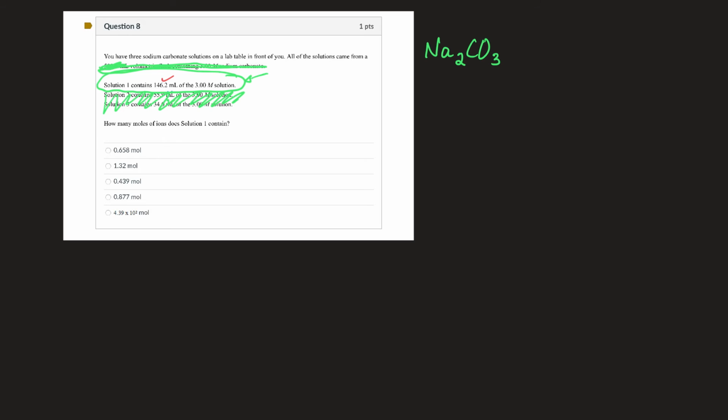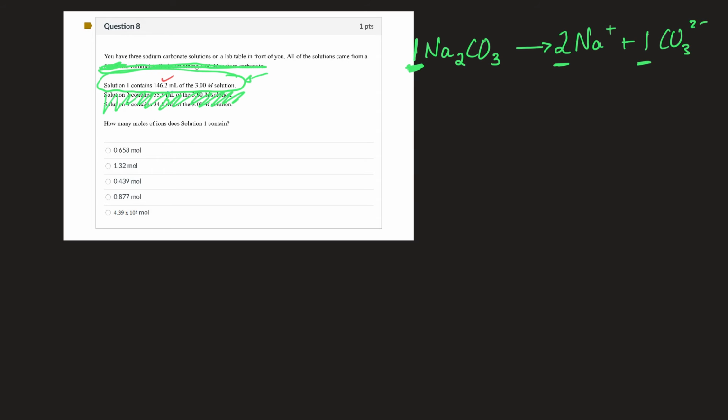So sodium carbonate, if I dissociate that, will become sodium ions and carbonate ions. Now to balance the whole equation, there's 2 sodiums here, so I need 2 sodiums there. And carbonate is good with 1. Okay, so it means if I have 1 mole of this, I need to double it for sodium, and it'll be the same as carbonate.